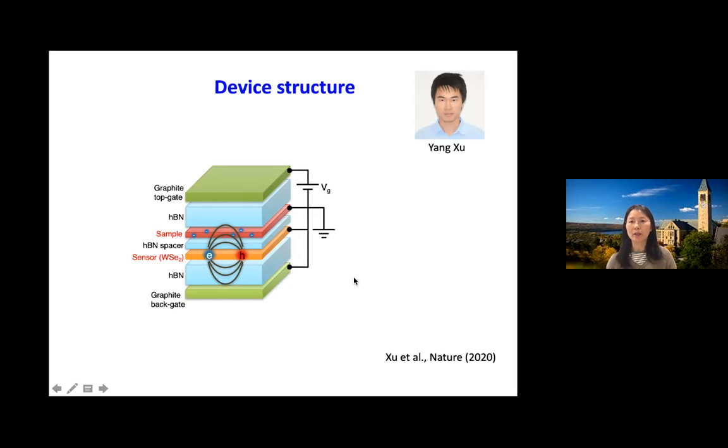And then we can apply gates, do our usual thing. The energy of those materials is aligned such that when you apply gates, charge for a given gate voltage will go into the sample only and keep the sensor charge neutral for the entire process.